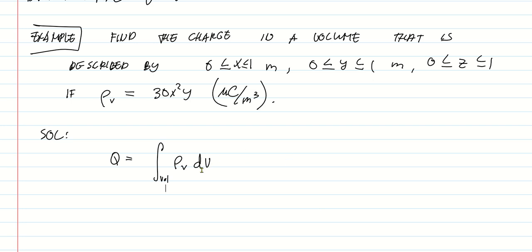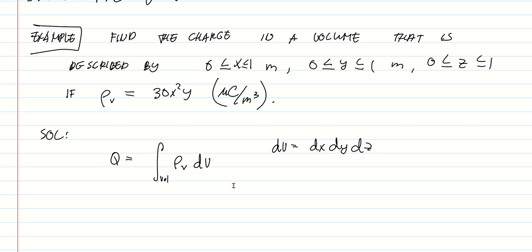The dv and rho v are all scalar quantities, so we don't need to take the dot product. Since this is in x, y, and z coordinates, the dv should also be in the rectangular coordinate system, so dv is just dx dy dz.